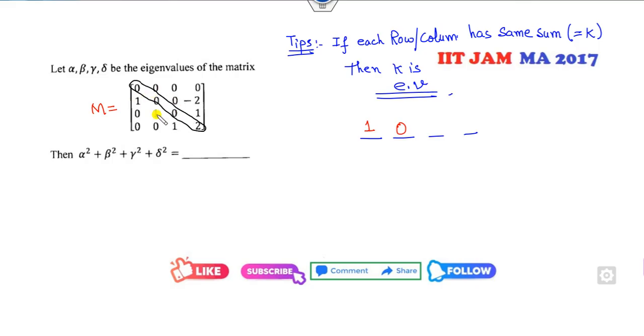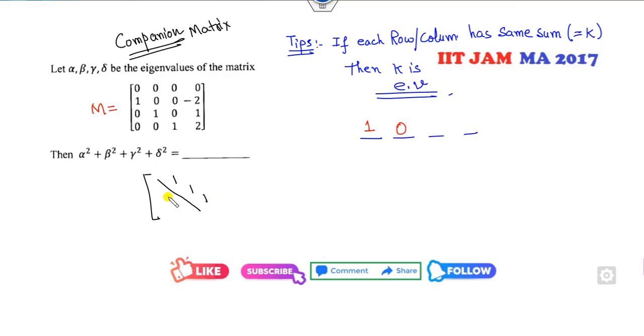Below the diagonal the entry is 1, above the diagonal the entries are some values. So this matrix is called a companion matrix. Remember, when a matrix is said to be a companion matrix, either the entries above the diagonal are all 1 or the entries below are 1, either one of them. So here it is the below ones.